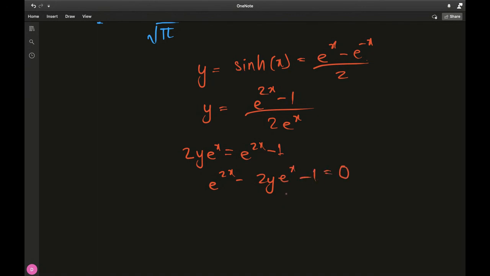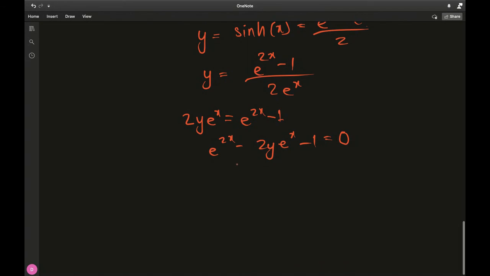And we actually have ourselves a quadratic, because e to the 2x is e to the x, the whole thing squared. So using the quadratic formula, e to the x is equal to minus b, so minus negative 2y is 2y, plus or minus square root of b squared, which is 4y squared, plus 4, divided by 2.